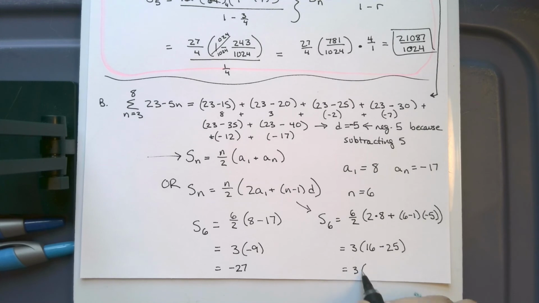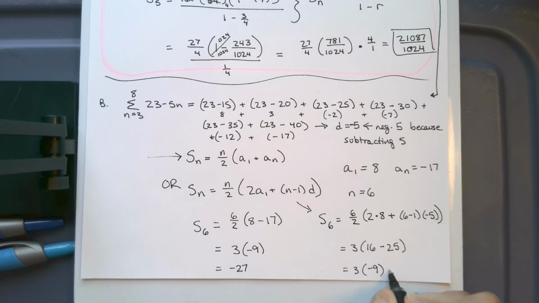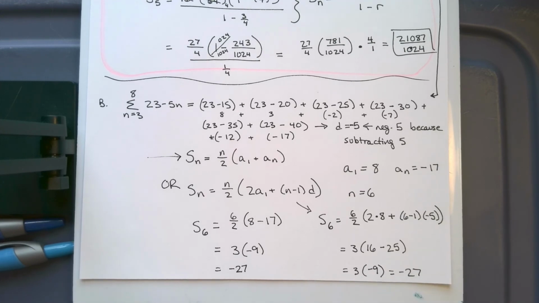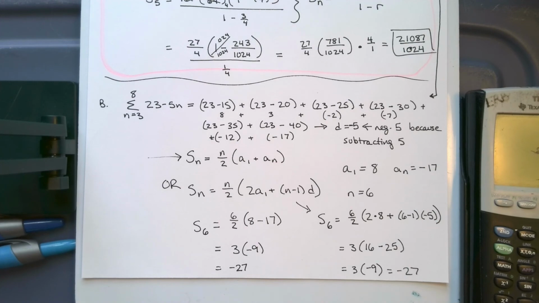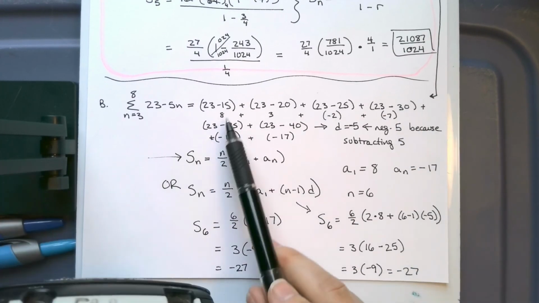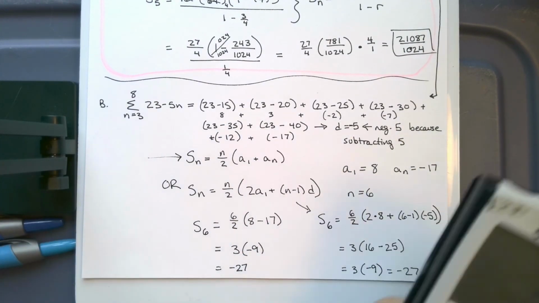So 3 times, and sure enough, we get negative 9 again, which is negative 27. And just to make sure that we did this work correctly, we're going to go ahead and check the sum of these terms as well.